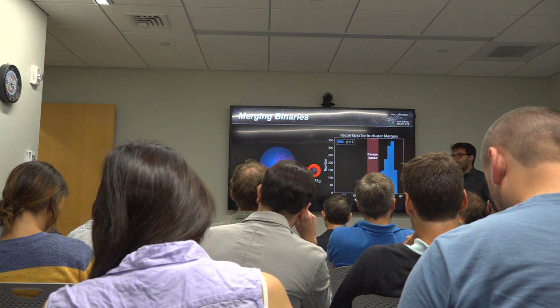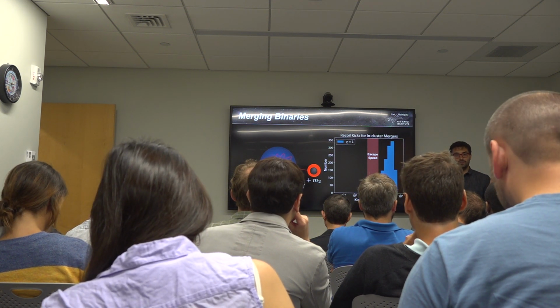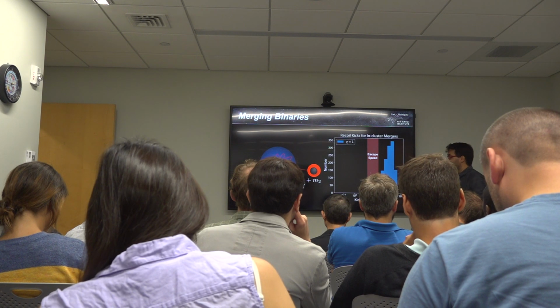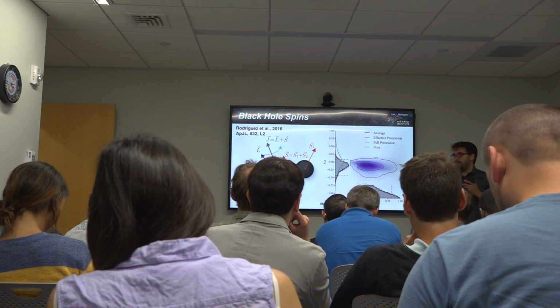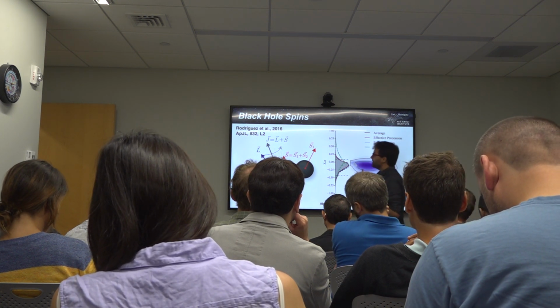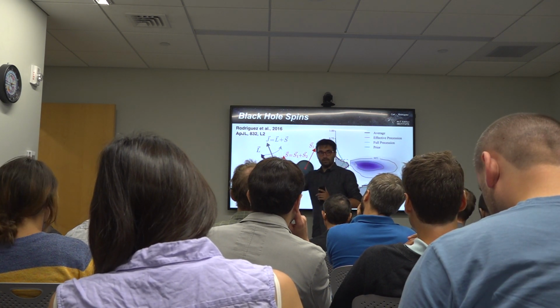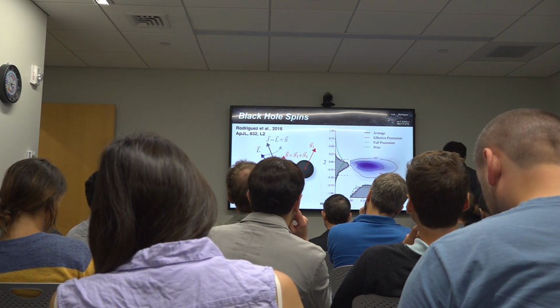We were fine with this for a while. We thought for the longest time that you could use the spin orientations themselves as a way to discriminate between formation channels. As an example, LIGO can't measure the individual spin components very well, but they can measure the projection of those spins onto the orbital angular momentum. It's what they call the effective spin parameter, or chi-effective.